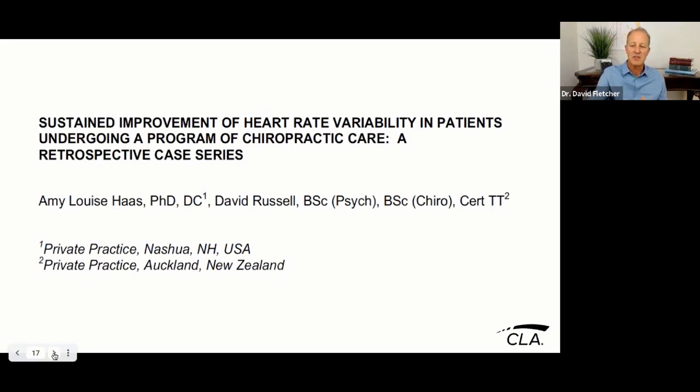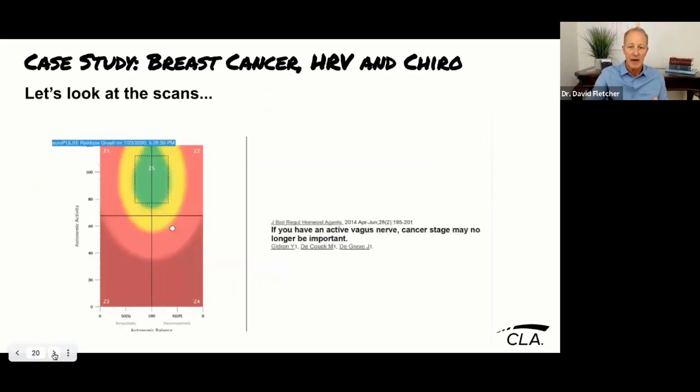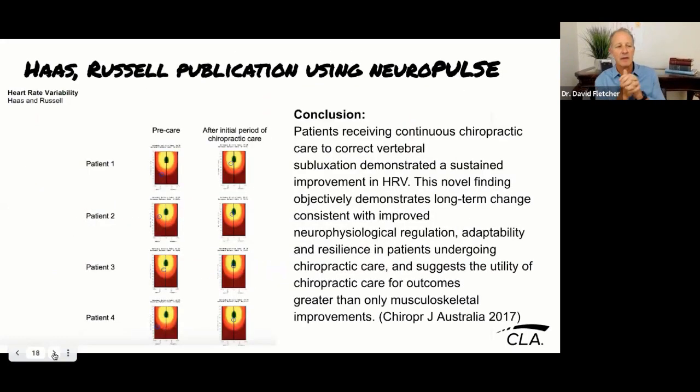And this is where we started to see, and you'll notice, here we are, the different, you've already seen this. This was part of the study, they presented these graphs. And in 6 different patients, they recognized that on every patient that was under active, progressive chiropractic care, there was an elevation and an escalation in their ability to sustain higher SDNN, which was associated with greater heart rate variability.